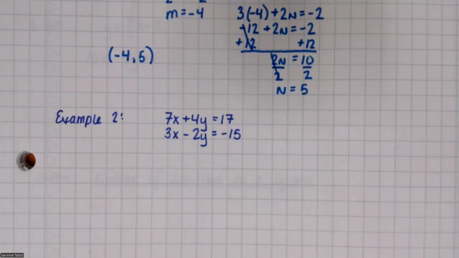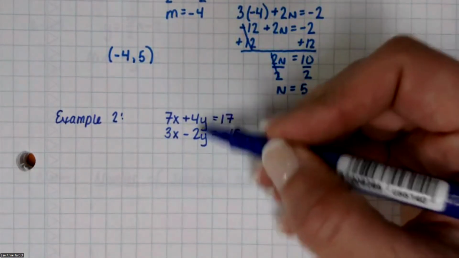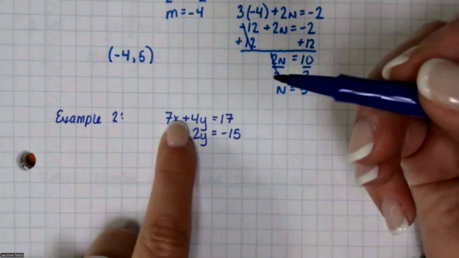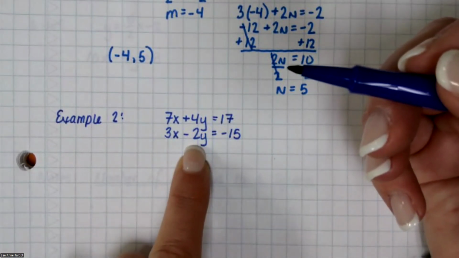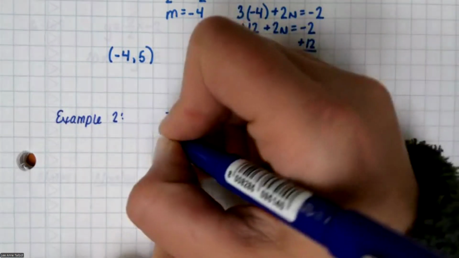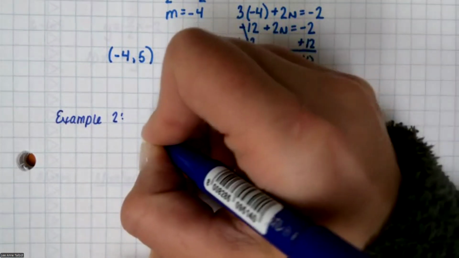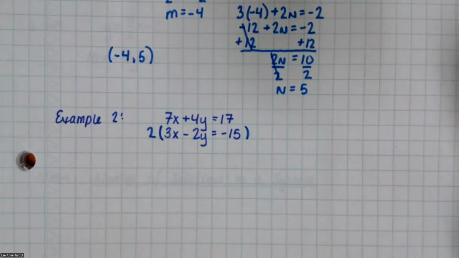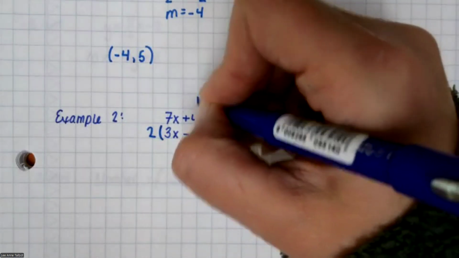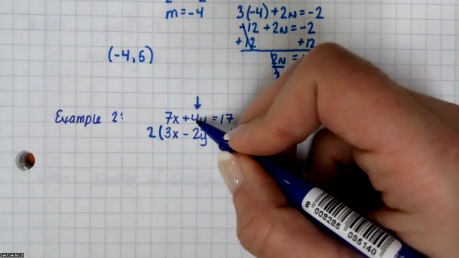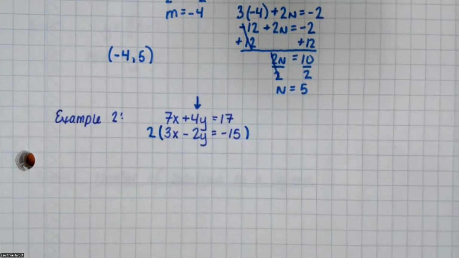So you wanna pick that one because 2 goes into 4 evenly. Okay. So what I wanna do is make these opposites of each other. So I wanna make this +4 and -4. So I want to multiply the bottom equation by 2. And the reason I chose the y's is because 2 goes into 4, but 3 does not go into 7.